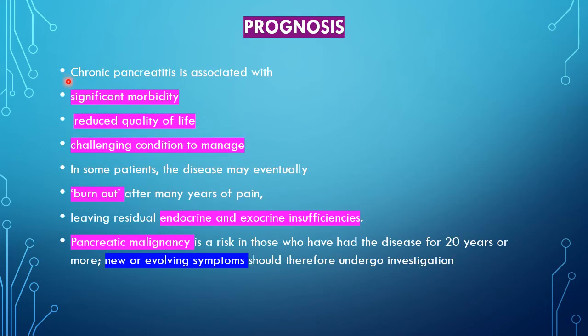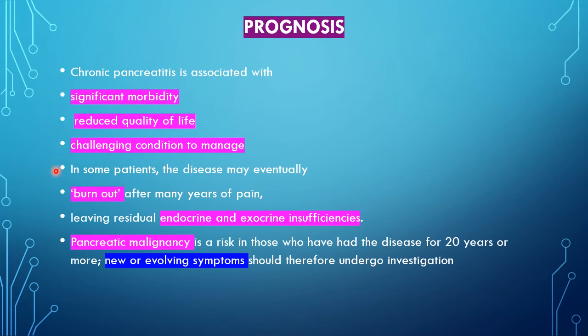Now, coming to the prognosis of chronic pancreatitis. Chronic pancreatitis is associated with significant morbidity, reduced quality of life, and is a challenging condition to manage for the patient as well as for the medical personnel.